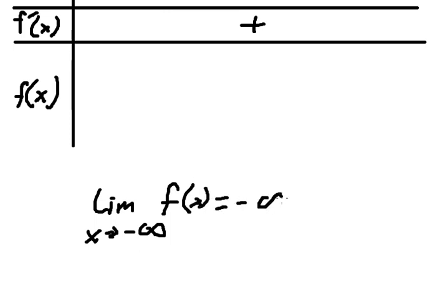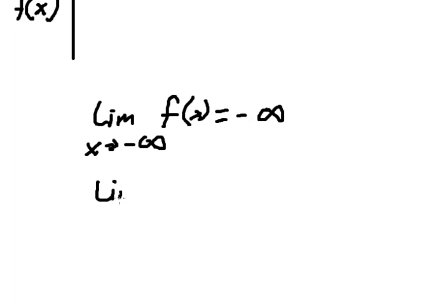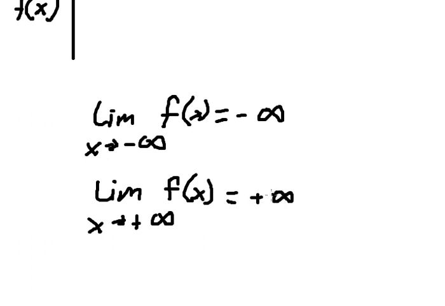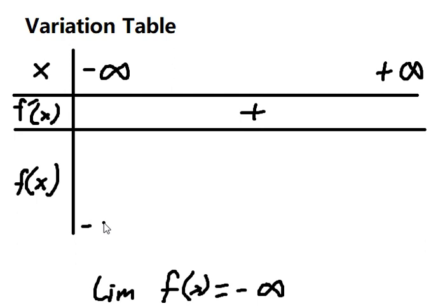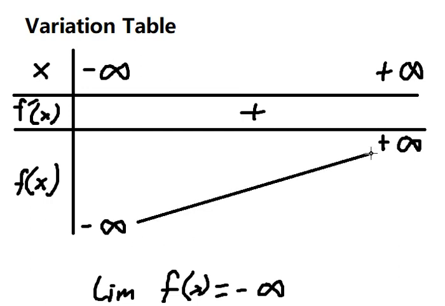So if we find the limit of the function when x approaches negative infinity, we will have negative infinity. When x approaches positive infinity, we have positive infinity. So this one they will go in here and here. So the function should be increasing.